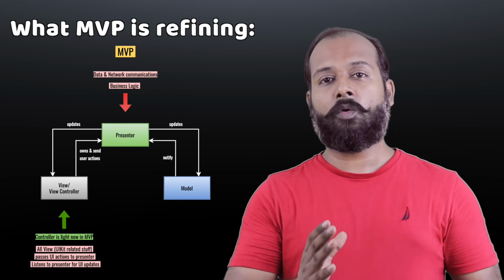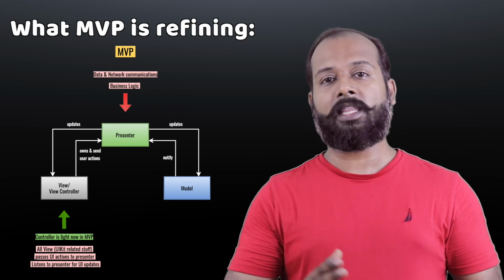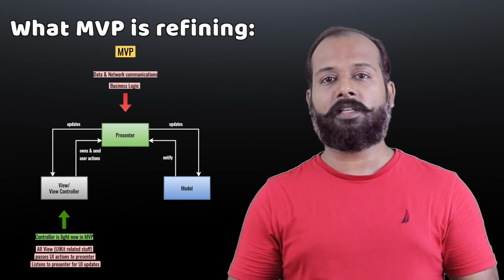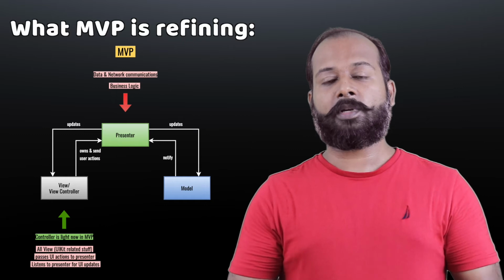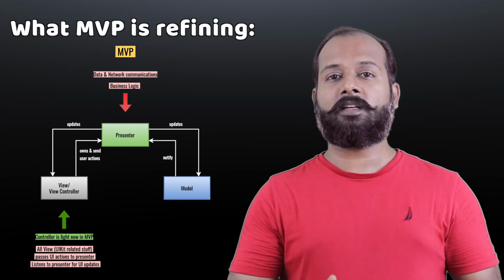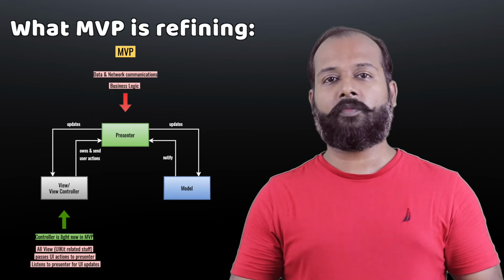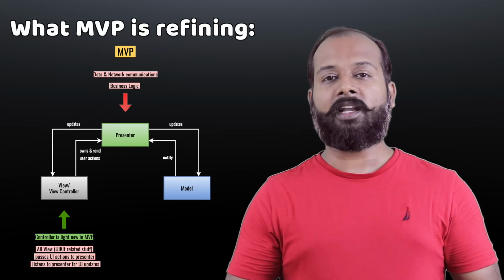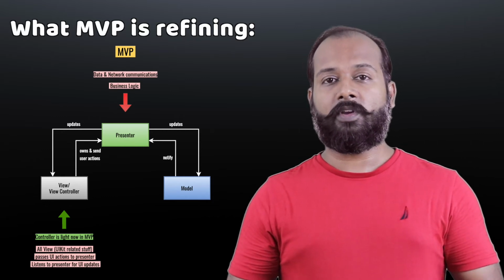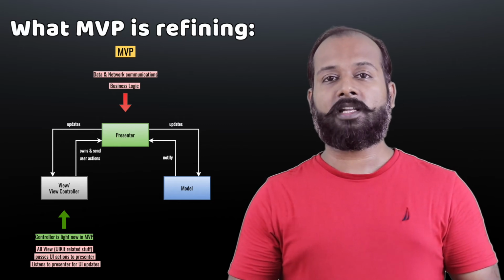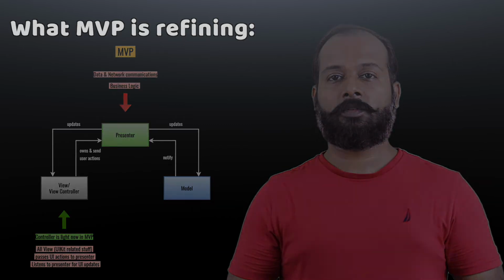And there is no communication between the view and the model layer, which sometimes happens in the MVC architecture. So you can see, with the clear separation of responsibility, the presenter makes the view or the view controller layer very light in the MVP architecture. And this is where MVP architecture solves that fat view controller issue.